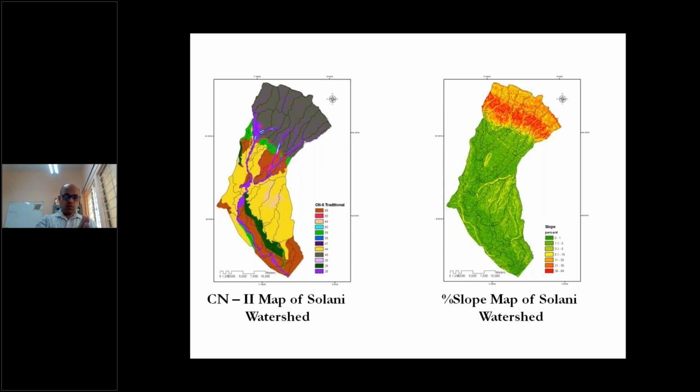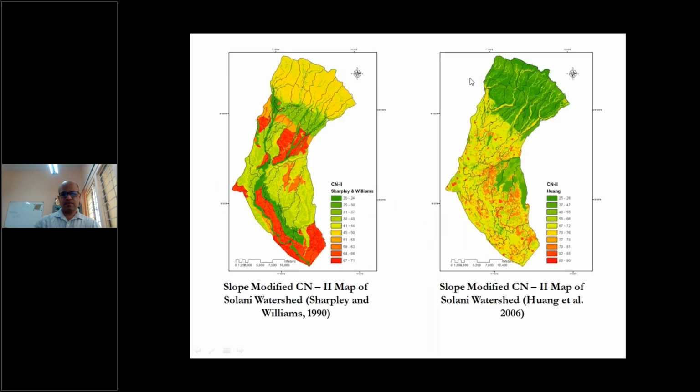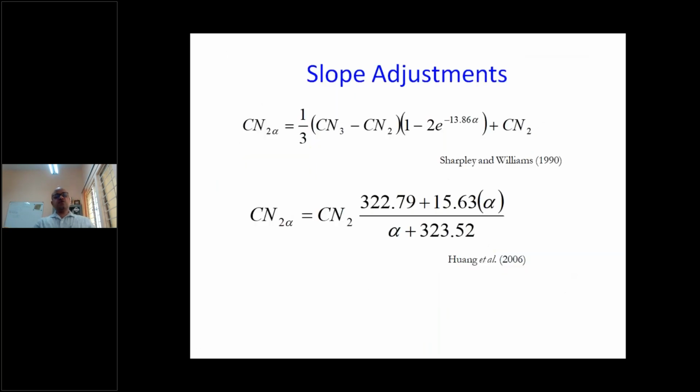Now to correct this CN2 for terrain, we have generated the percentage slope map, and using these two maps, we have here used Huang's formula, which takes into account slope and curve number 2.